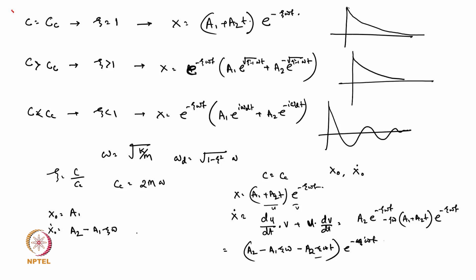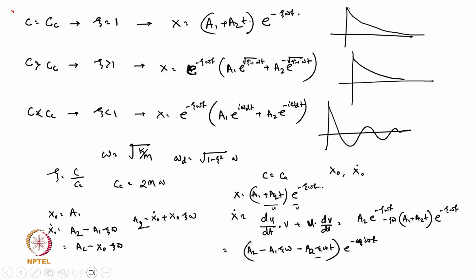So I can write a2 minus x0 xi omega. So a2 will be x0 dot plus x0 xi omega. That will be my a2.